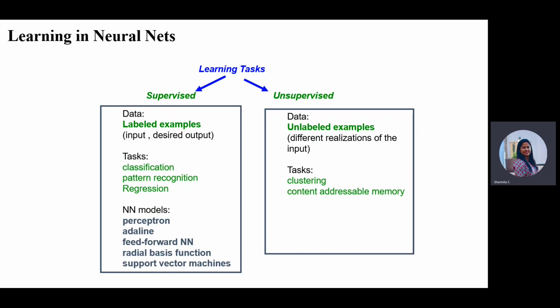NN models such as perceptron, Adaline, feed-forward neural network, radial basis function, and support vector machines perform supervised learning. Self-organizing maps and Hopfield networks can be used to perform unsupervised learning.